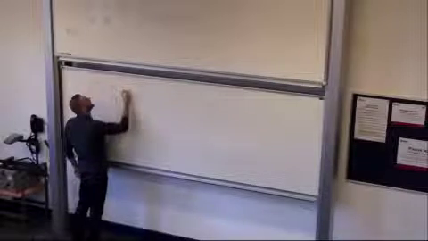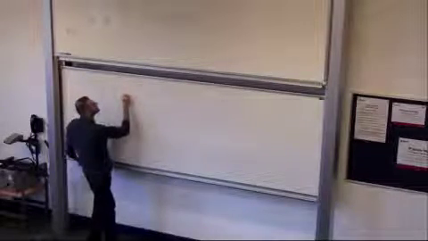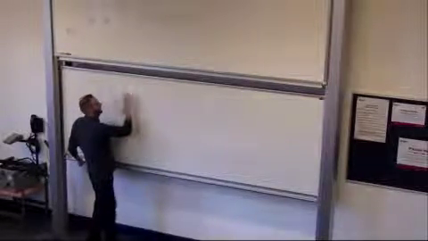Okay? So, in order to prove this, what we have to do is to start from the consideration that G is the union over i equal 1 until n of Hg_i.